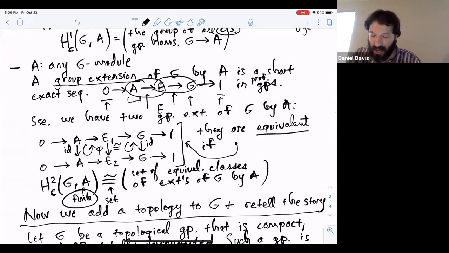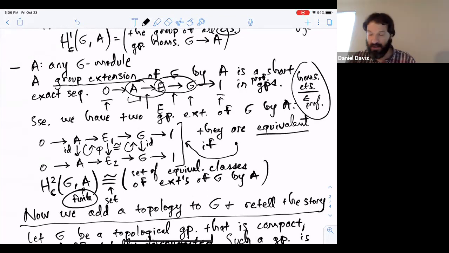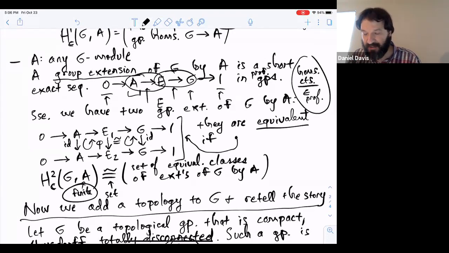So all of these homomorphisms are required to be continuous, and E is a profinite group. So we only need to add the requirement that the homomorphisms are continuous and that E is profinite.